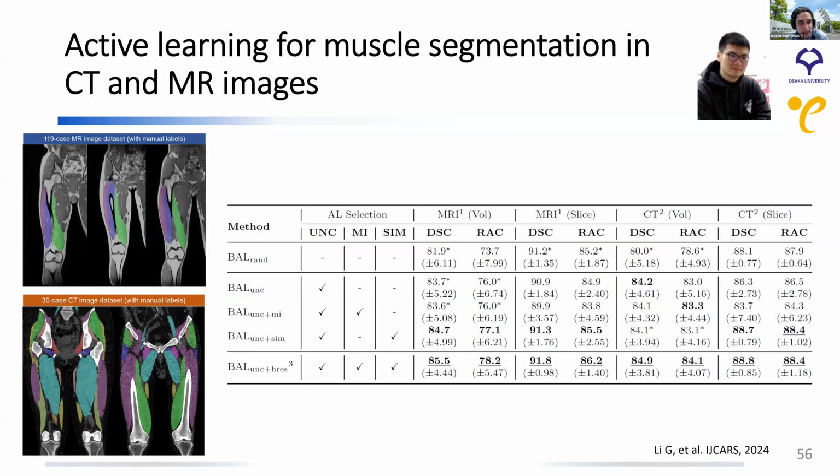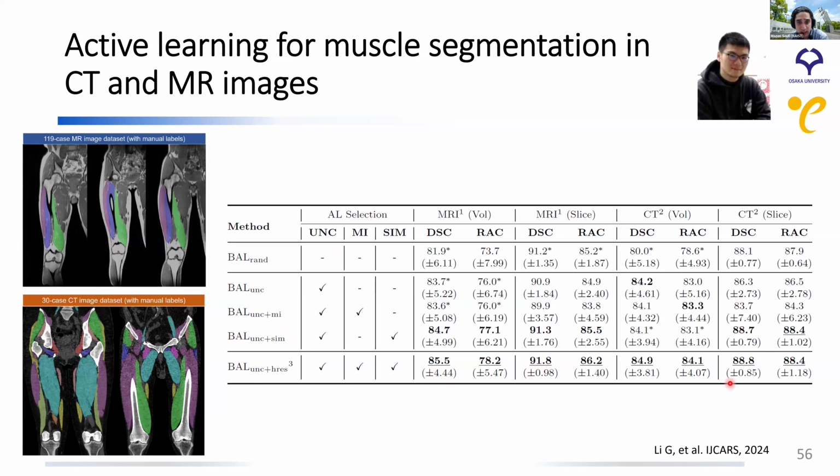Here he's showing multiple Bayesian learning or active learning approaches using different metrics for the selection. By involving this kind of diversity and similarity metrics, in addition to the uncertainty, you could achieve an accuracy, for example, in the case of the MRI image segmentation, of 85 or 91% if you are selecting slices.